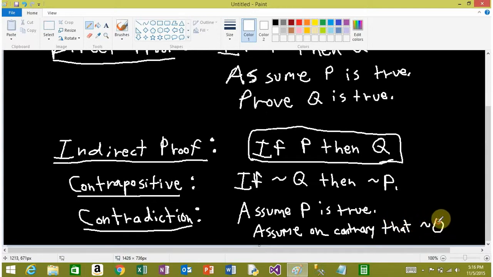So we're going to negate the consequent and say that's true.